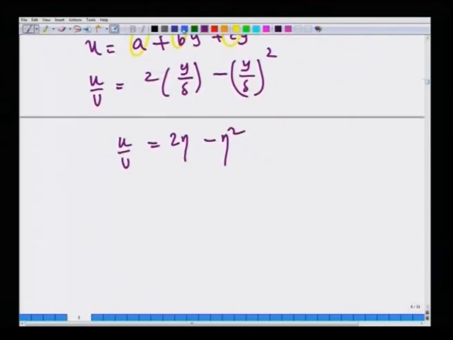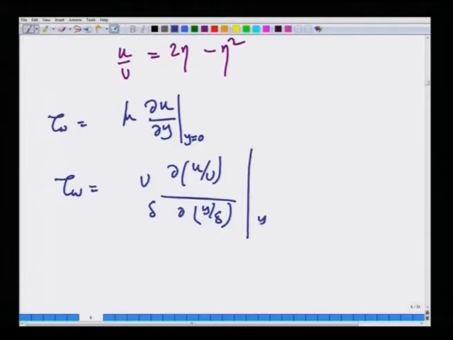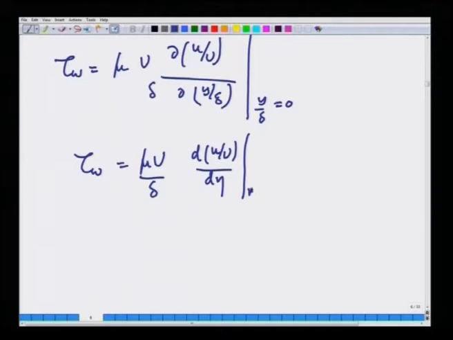Now, tau w is nothing but mu times partial u by partial y evaluated at y equals 0. Since we have everything in terms of eta, we write it in terms of y by delta times delta, evaluated at y by delta equal to 0. This is nothing but tau w equals mu U by delta times d of u by U divided by d eta evaluated at eta equal to 0.